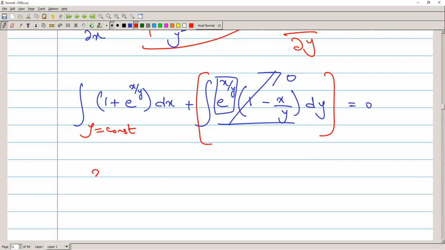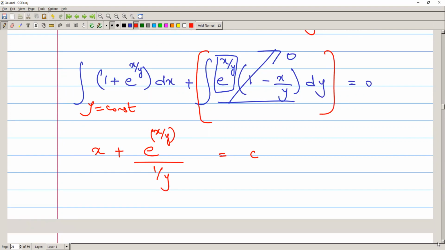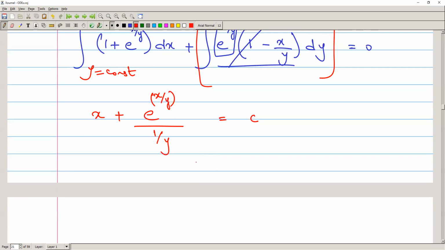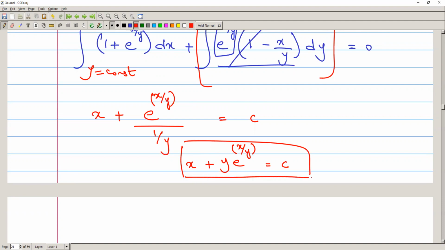We will get x plus e to the power x over y over 1 over y is equals to c, which means that the solution is x plus y e to the power x over y is equals to c. That is the answer, right?